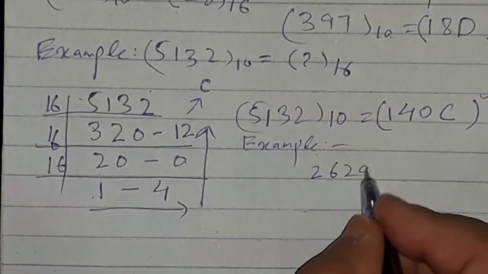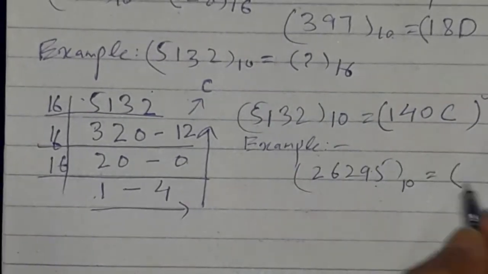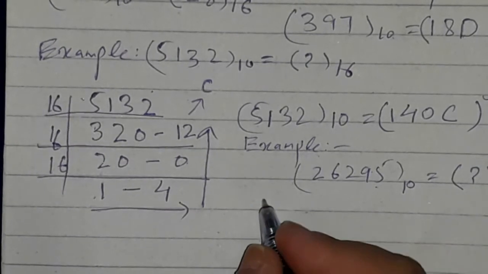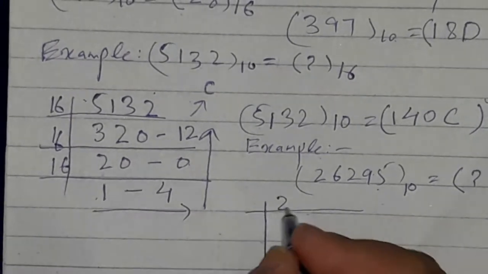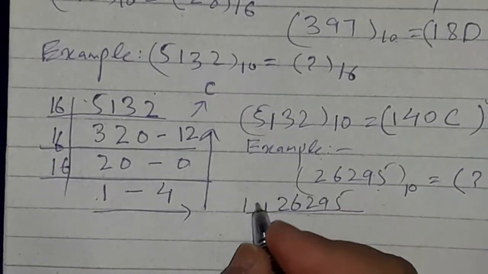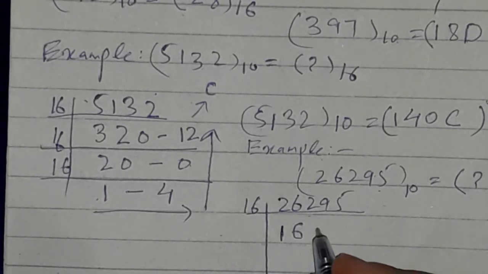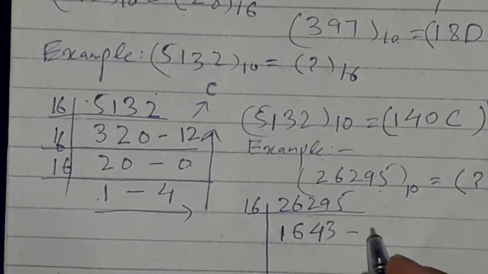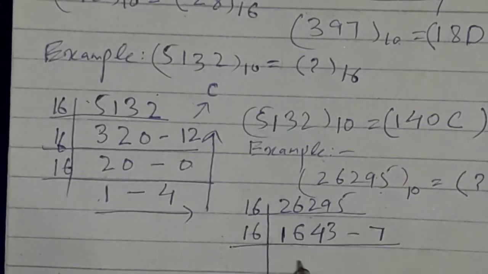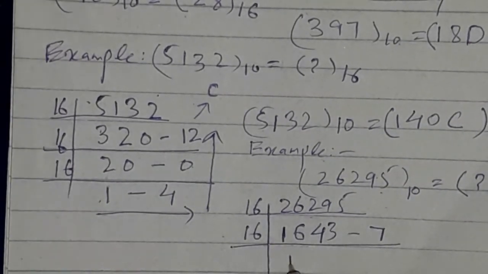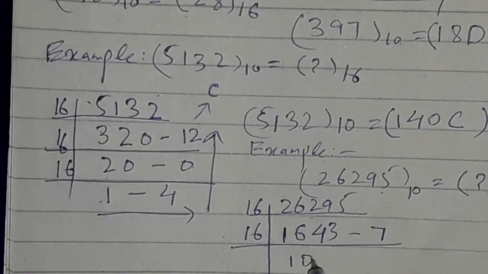The next example is 26,295. When we divide 26,295 by 16, the remainder is 7. Again by division we get 11 as a remainder, which is B in hexadecimal number. For 11, B is used.